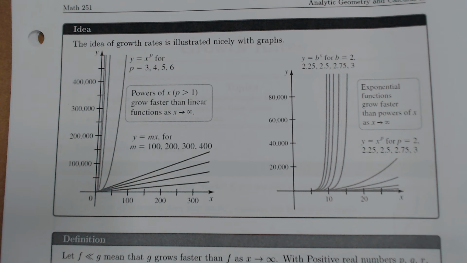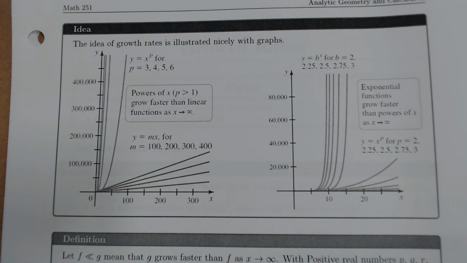But be careful here because x to the p and y equals mx, they're both polynomials. Even though we always mention the linear function as linear but not a polynomial, it is a polynomial. We talk about polynomials when powers are 2 or higher, right? But see what happens here with x to the p. The x to the second power, parabola, x to the third power, the S-shaped function, and the higher the power, the faster they grow with respect to the linear function.